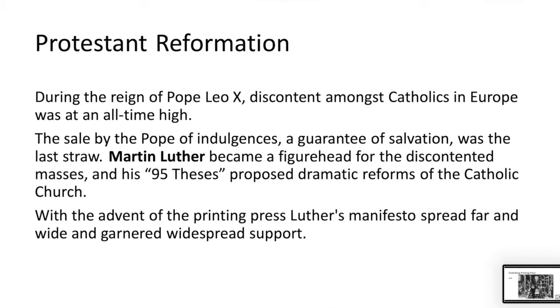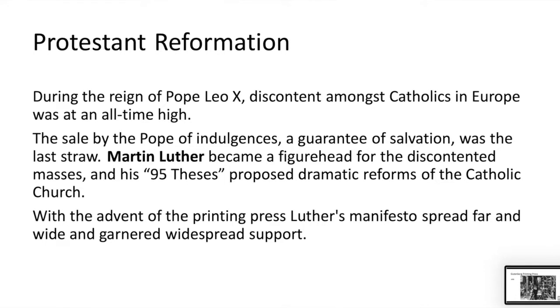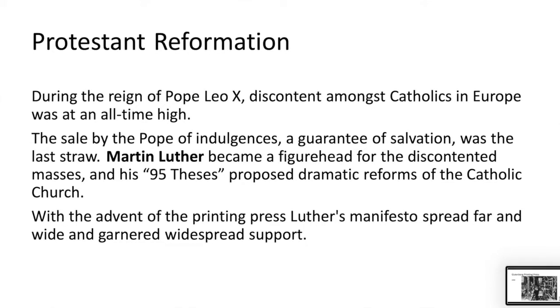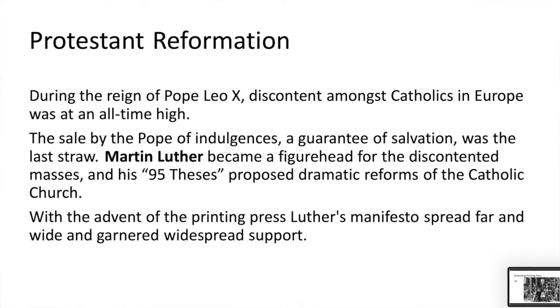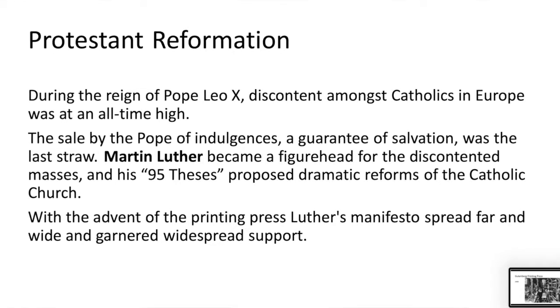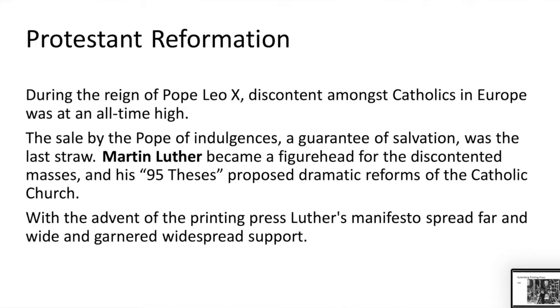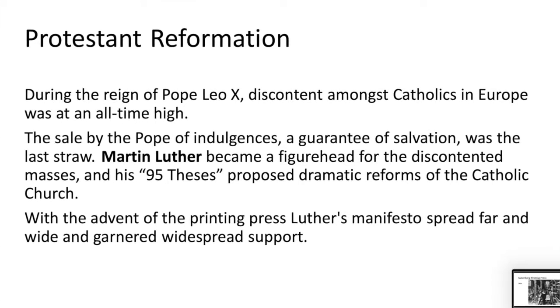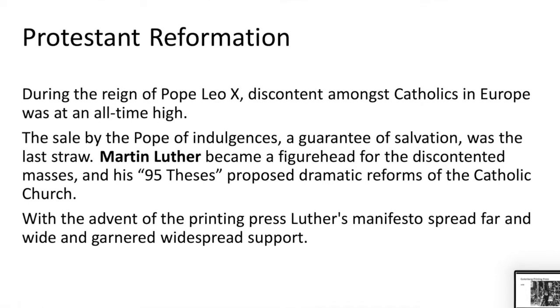During the reign of Pope Leo X, discontent among Catholics in Europe was at an all-time high, and it all centered on the sale of indulgences. The Catholic Church would essentially sell tickets into heaven. If you bought an indulgence, you were guaranteed salvation. A lot of people felt that was very corrupt.